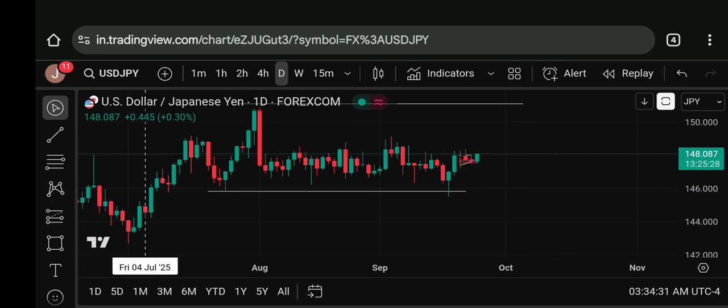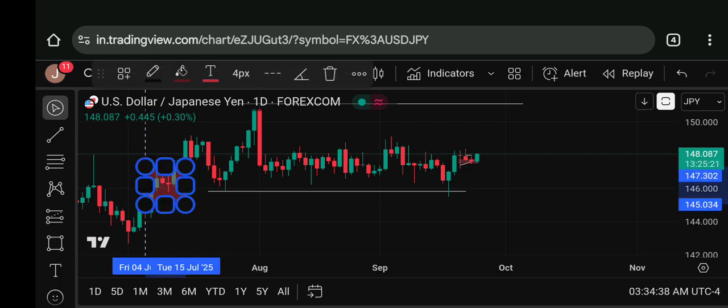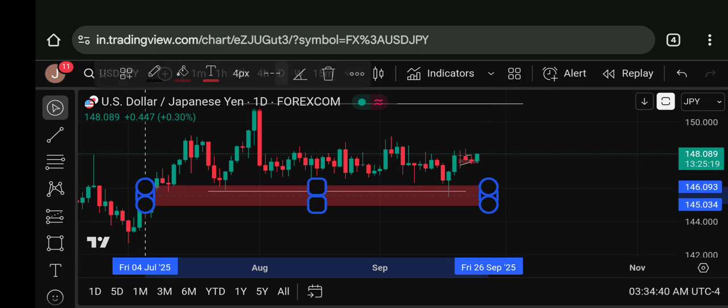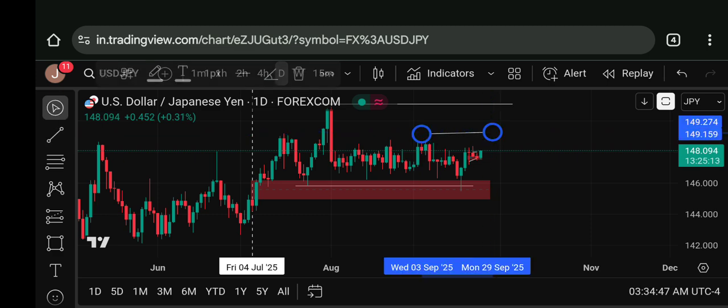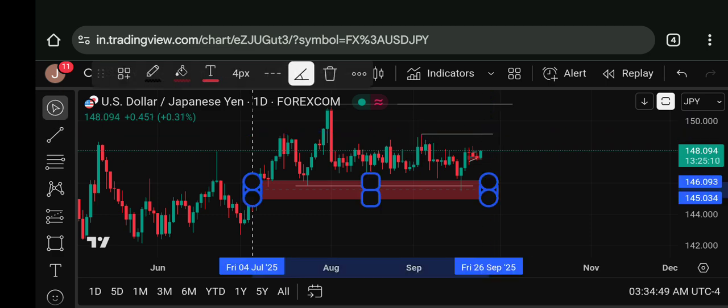And on the daily also you could see that here daily internal to this external range liquidity on the daily chart guys, daily internal to this external range liquidity.